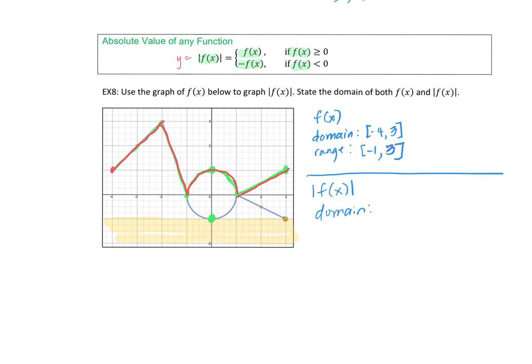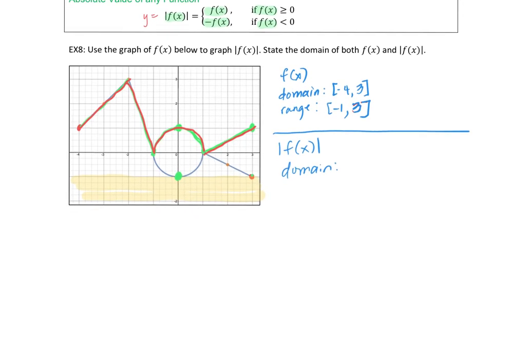We're still looking at x values from -4 to +3. It's the range that changed because we flipped up those y values. So our first y value is 0, and then our largest y value remains as 3 in this case. And that's it for this section.